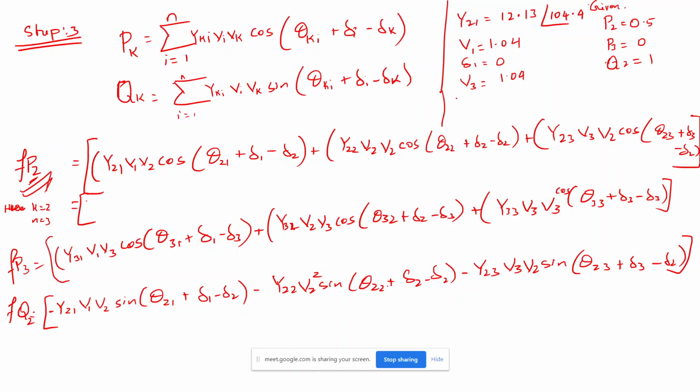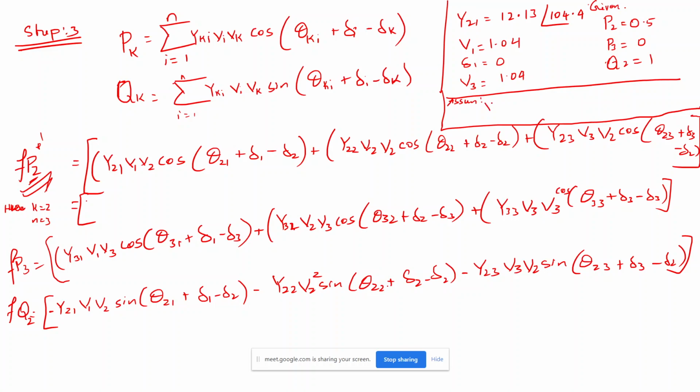Now these are all the known ones. We are solving here the first iteration, where r is nothing but 1. For every iteration problem we need to assume the initial values.